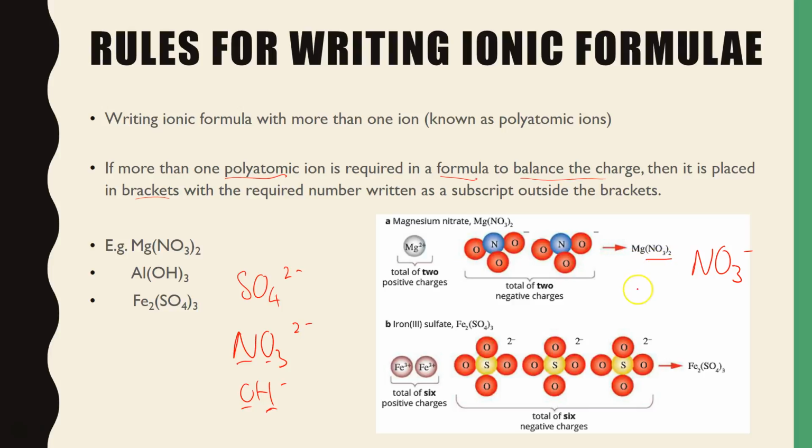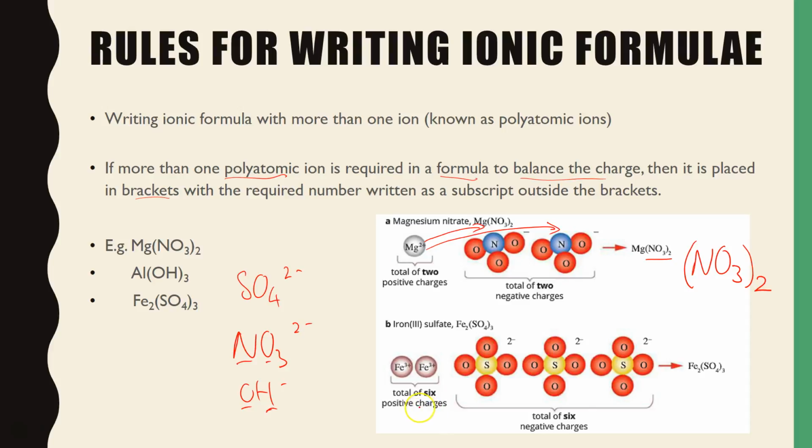Now, we can't write NO3 times 2 because that becomes 6. So how we have the nitrate and how we have 2 lots of them is we simply put a bracket around it and we put a subscript 2, which means we have 2 of the whole compound, which would accept the 2 electrons from magnesium.